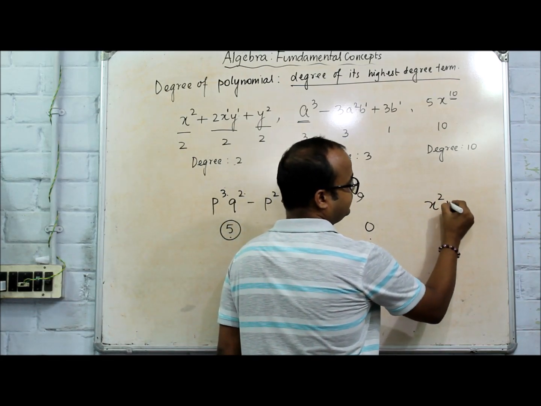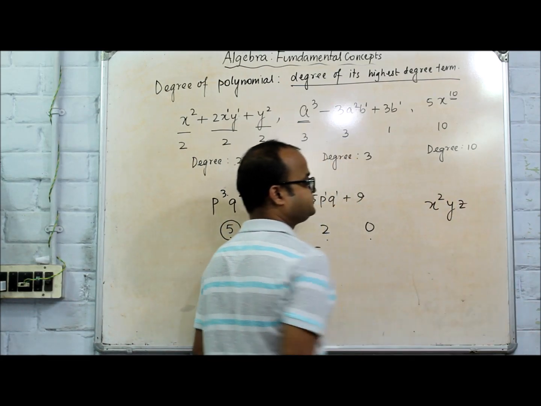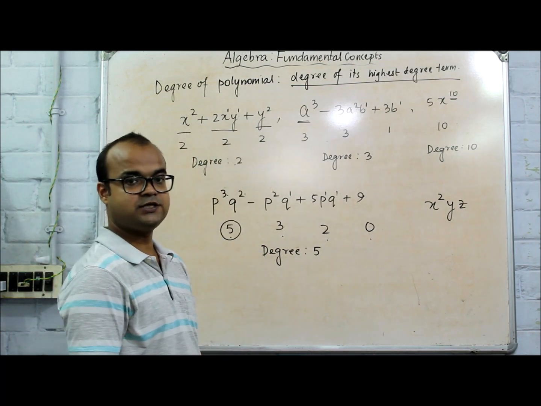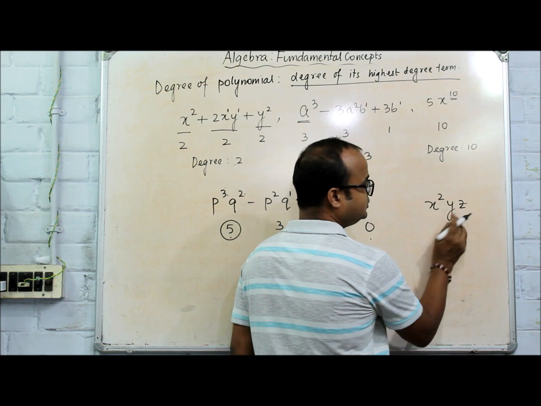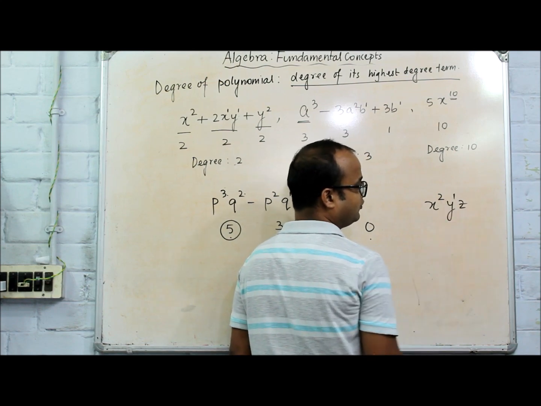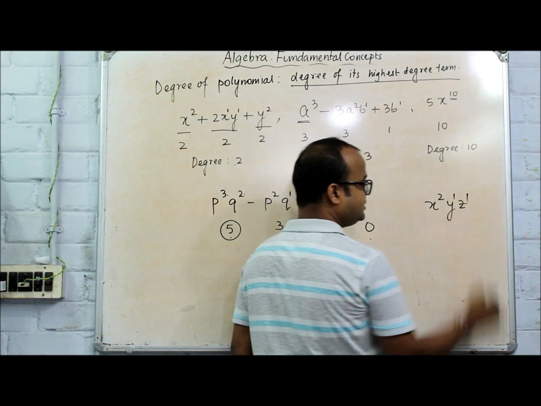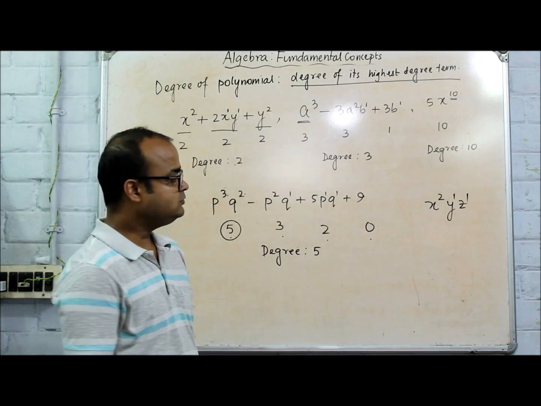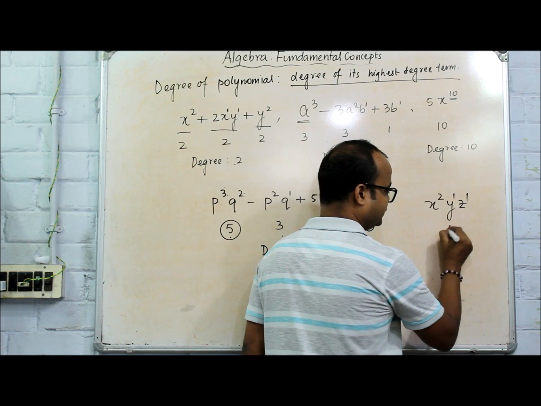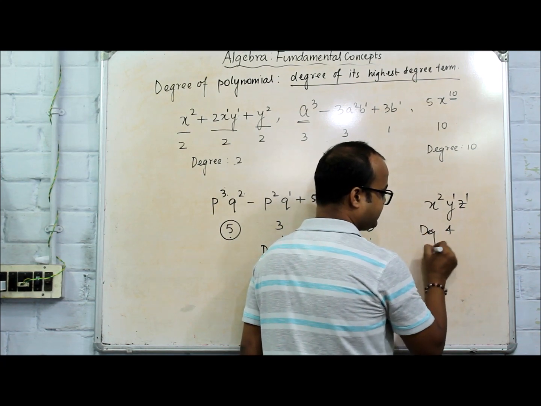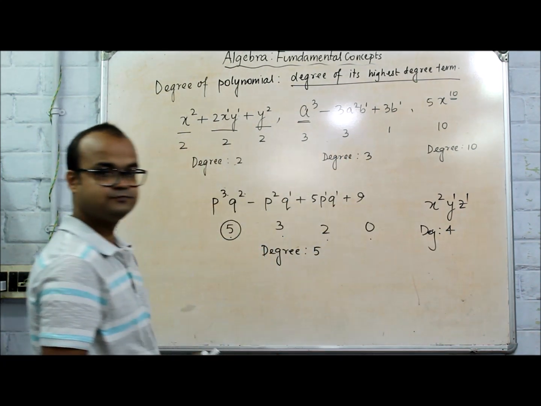Take x square y z. Degree: x square means 2, y means y to the power 1, z means z to the power 1. So count 2 plus 1, 3 plus 1, 4. So degree is 4. Clear?